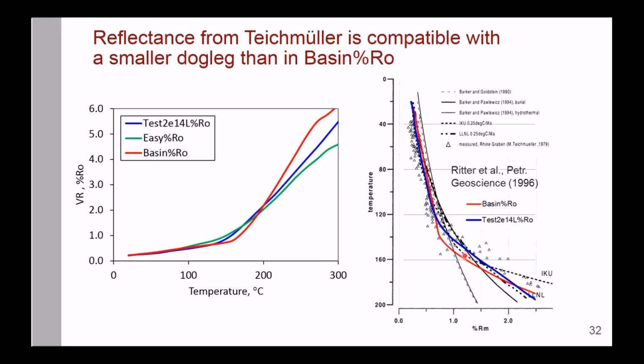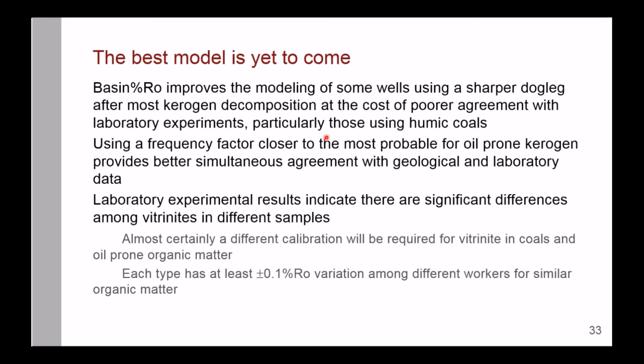This is Basin R0, and it doesn't increase as much at high temperature. I think this is sort of in the running for credibility, if you will, which leads us really to the conclusion: the best model is yet to come.